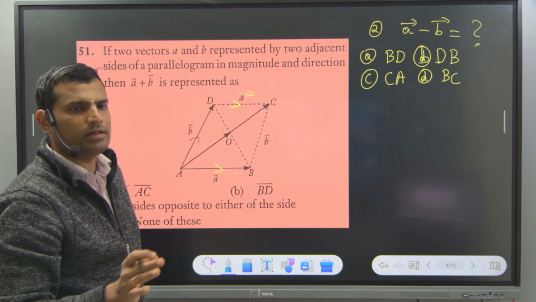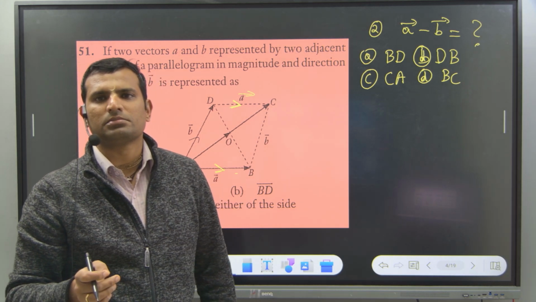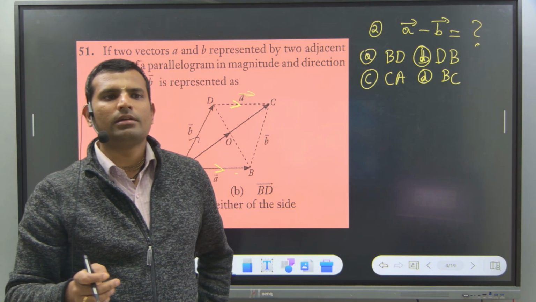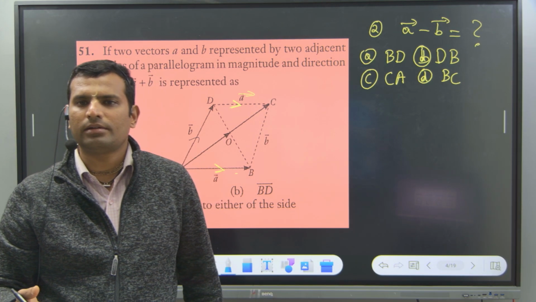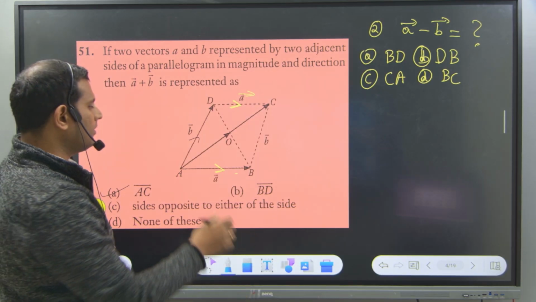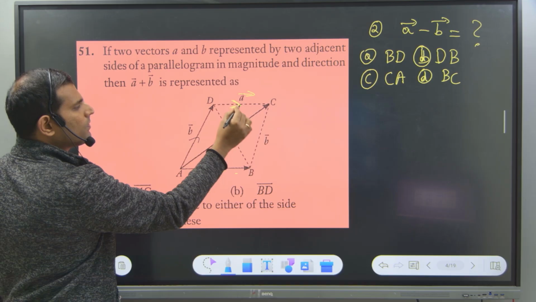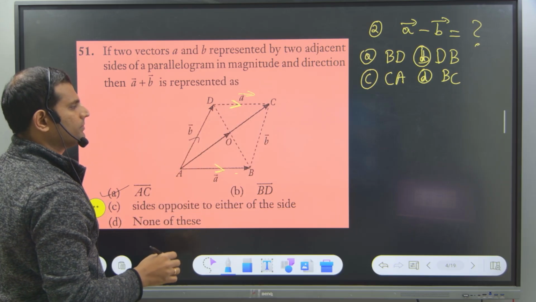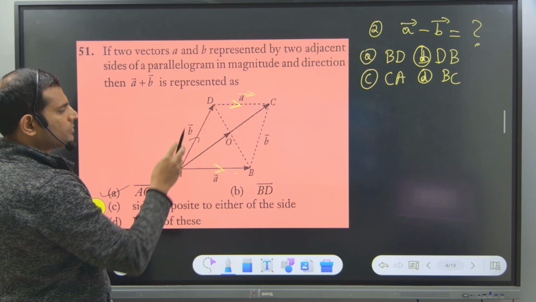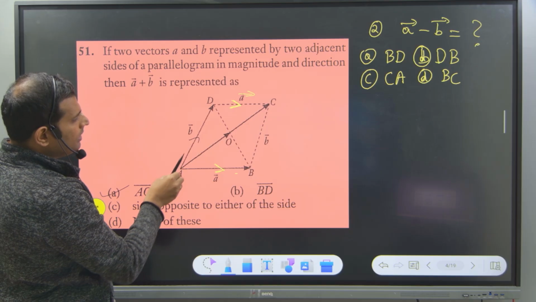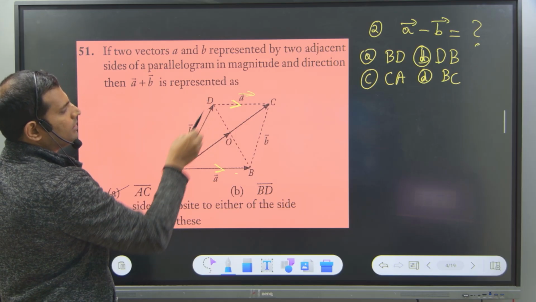Did you understand, everyone, students? Yes. So if this is vector A, what about this? This is also vector A. Okay. Now vector B is in this direction.